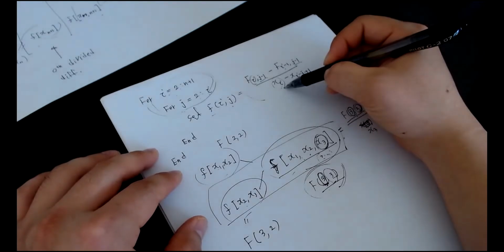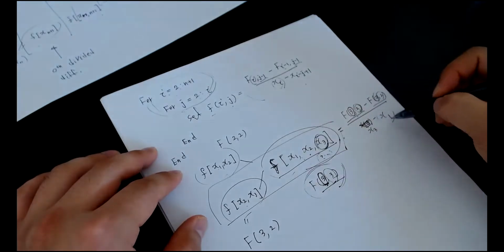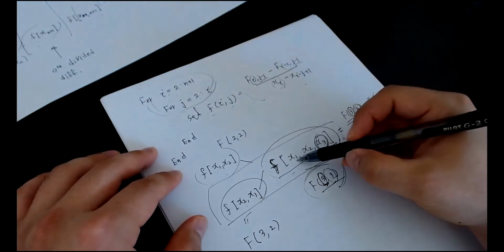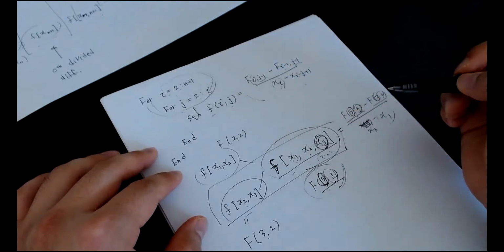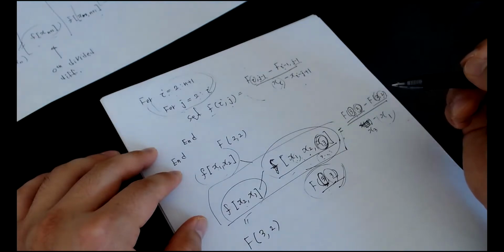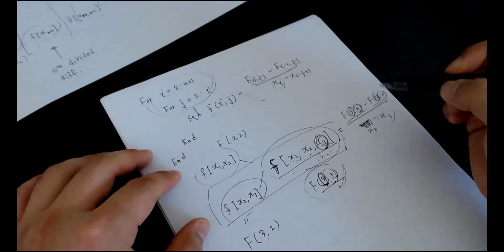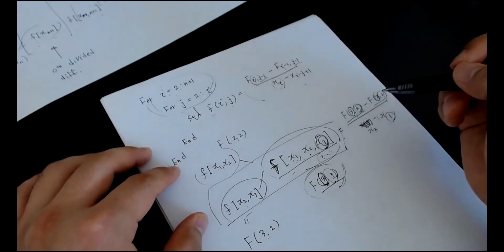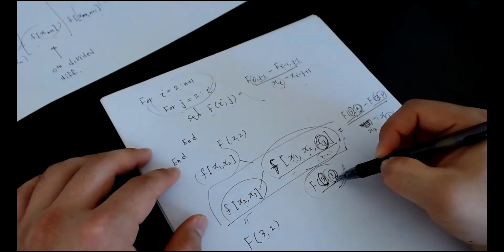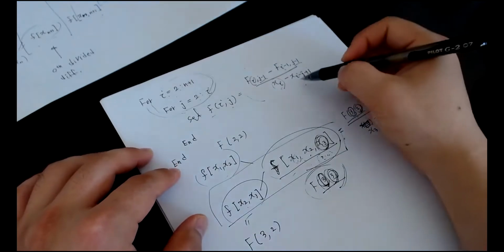Next, to get x of 1, we subtract the index of column from the index of row and then add 1. Okay, then we're going to test.